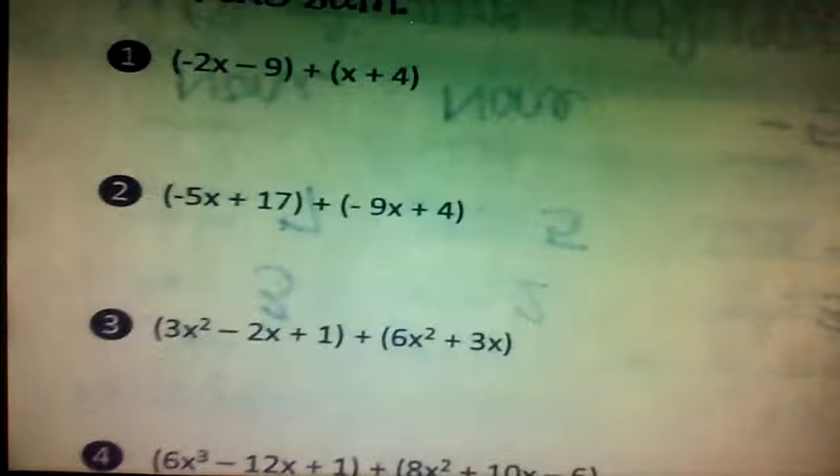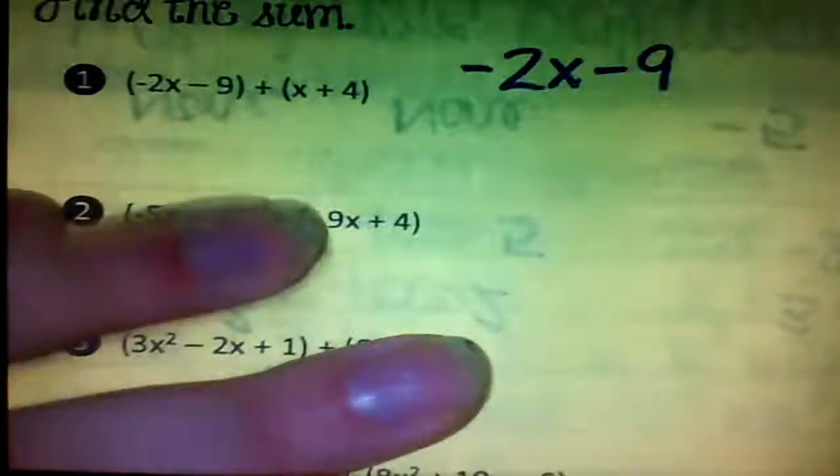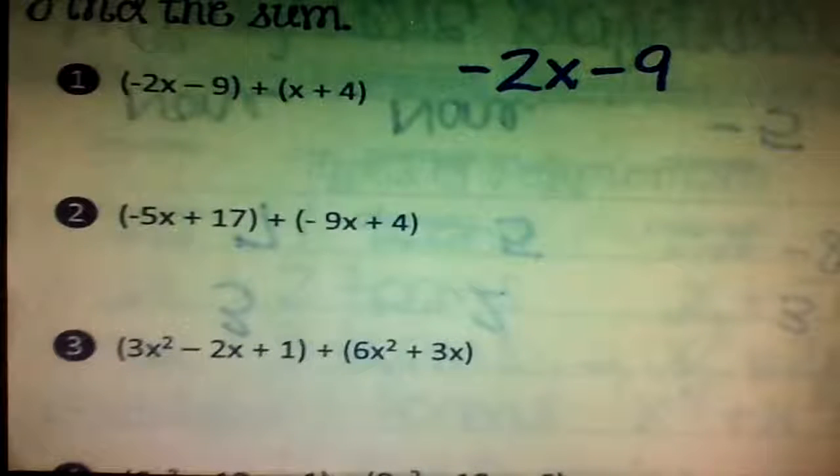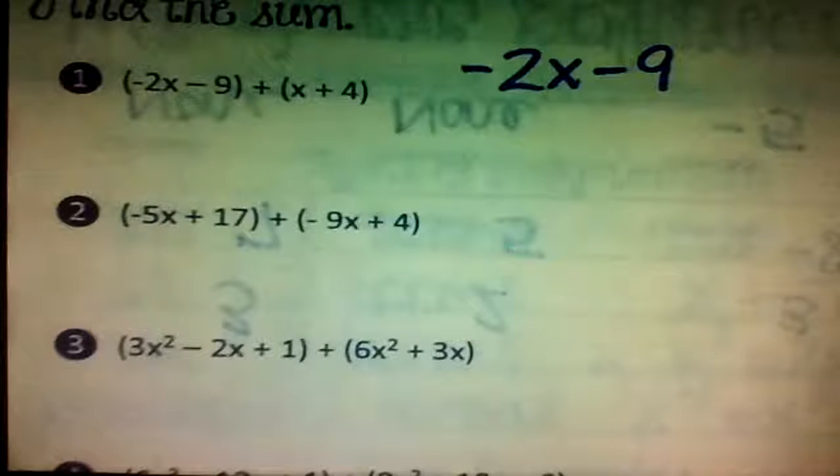I like to do it vertically. That's just the way my mind works. So I always set it up vertically. I don't like when it's horizontal side by side. So what I usually do is I take my first polynomial and I rewrite it. So negative 2x minus 9. I take my second polynomial and I put it right underneath of that with what goes together. So where should I place x?